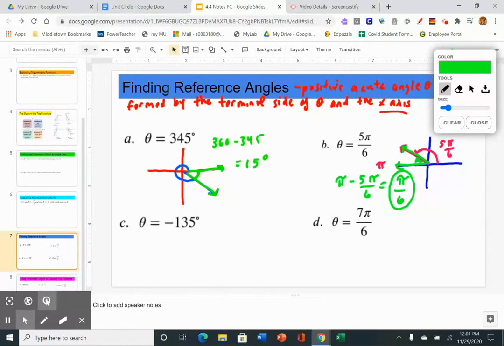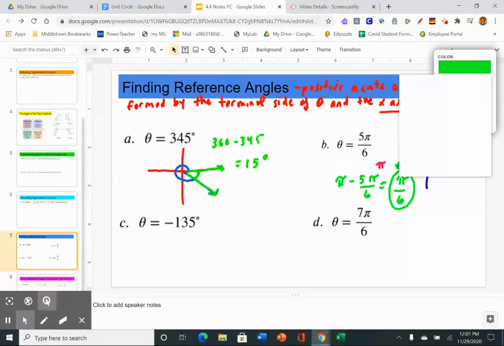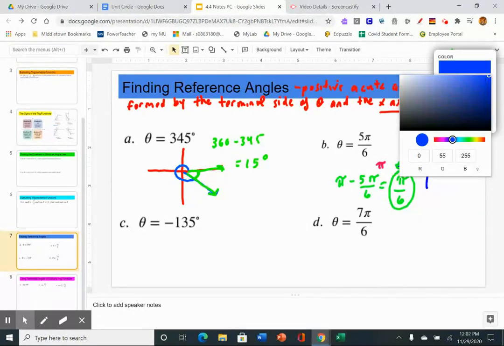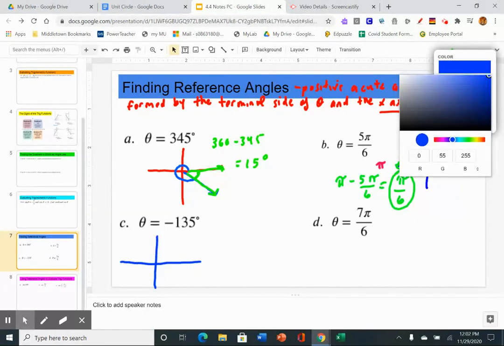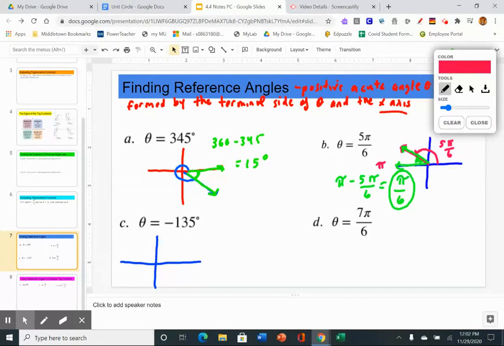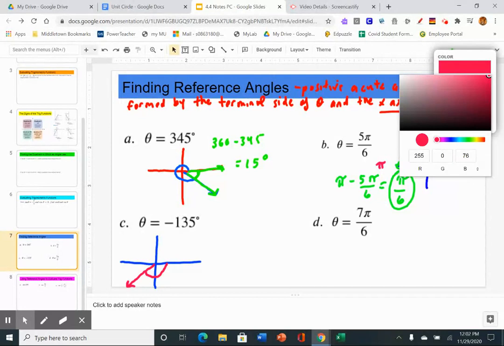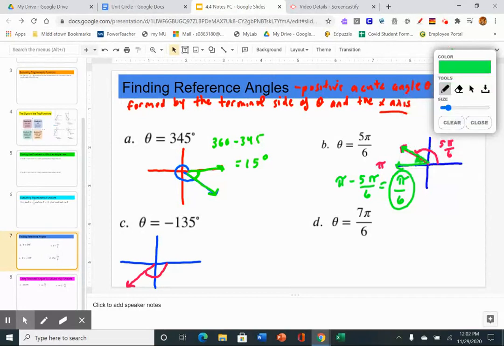All right, so for letter C, we have theta equals negative 135 degrees. I'm going to start the same way. Remember, when you have a negative angle, you are going clockwise. So I'm going clockwise, negative 135. That's 90 and another 45. But remember, my reference angle is formed by the terminal side, which I'm going to highlight in green, and the x-axis.